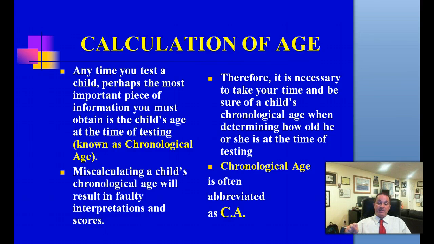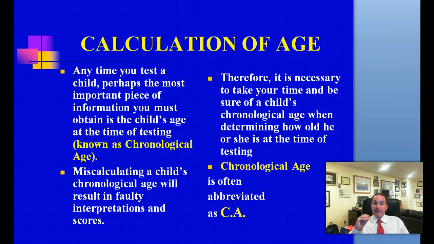If you're assessing a child who is 10 years old, but you then score the child as if the child were 8 years old, you're going to be norming your results against the kid who was 8 when your child is really 10. And vice versa, if you test a child who is 10 but you think the child is 12, that child may not be performing nearly as well as you thought because you're looking at it from 12-year-old norms when this child is really 10.